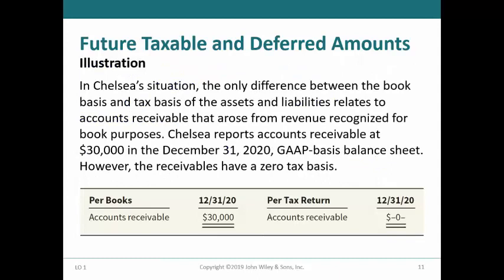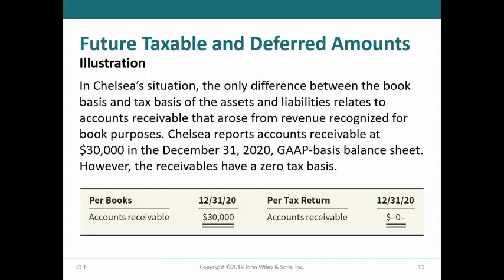Now we are going to consider why these timing differences occur. In the case of Chelsea Inc., we find that the reason is because Chelsea accrued accounts receivable and sales for 2020 that are not required to be reported on the tax return under the IRS rules.